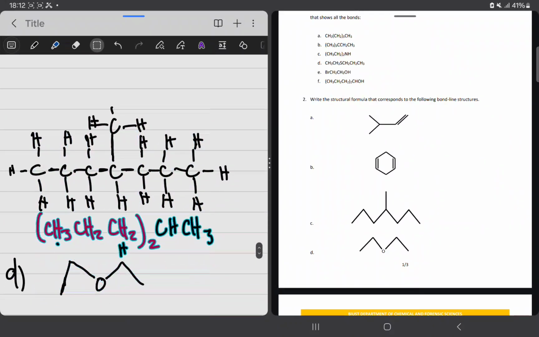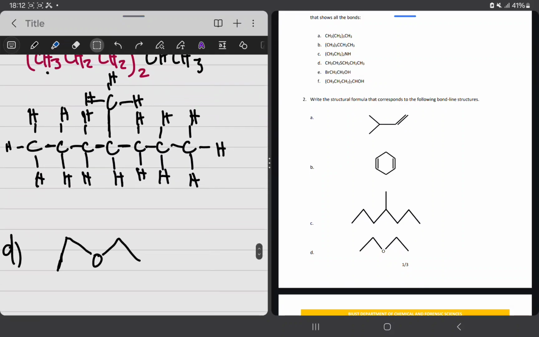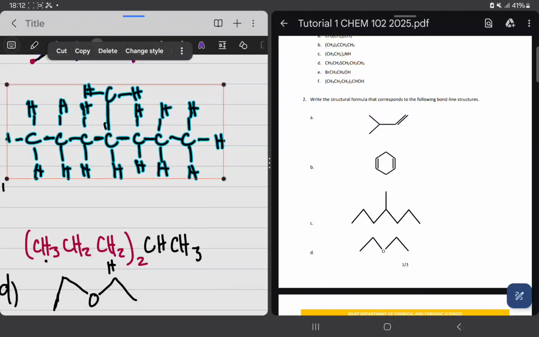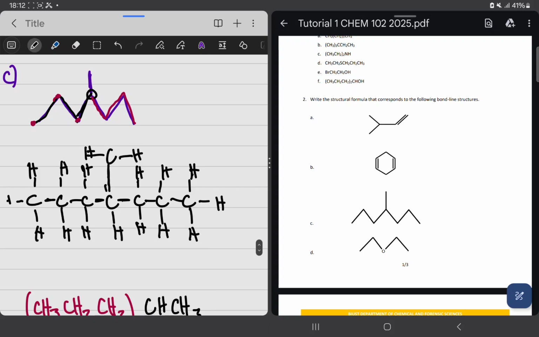Put it below here. Put it down below. Okay, let me shrink. Sorry. Okay, yes, let me do it. I'm going to put it down below, and I'm going to take this big structure and pull it up, and when I pull it up like this, I'm going to make sure that all hydrogens are there.